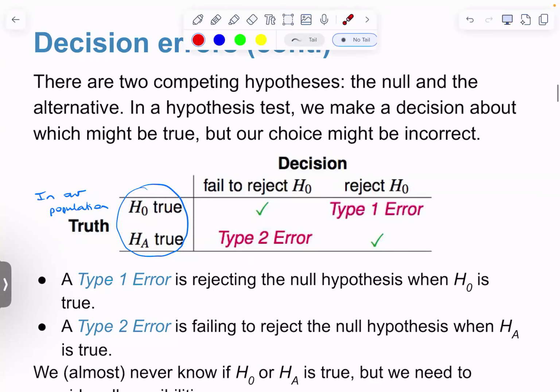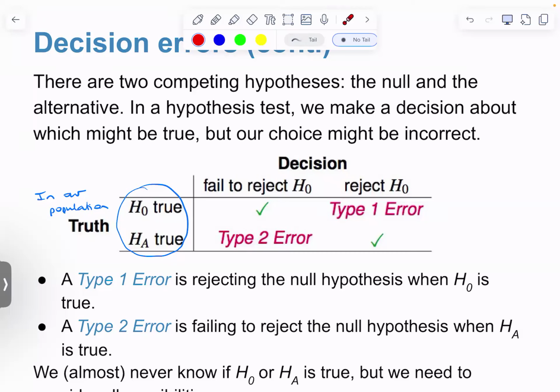But if the null hypothesis is true, then if you fail to reject H naught, that's fine, that's good, right? You don't have enough evidence to reject H naught, that's a good decision. If H naught is true, but you reject H naught, that's what we call a type 1 error.